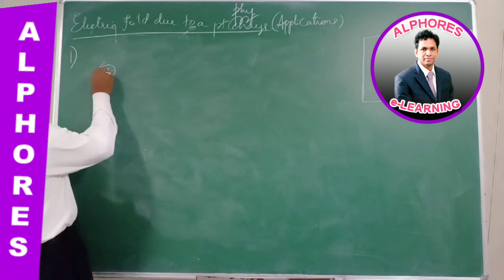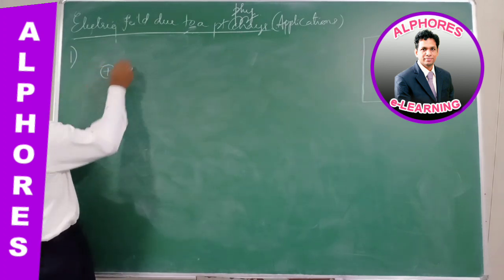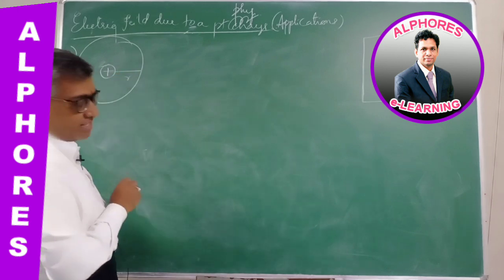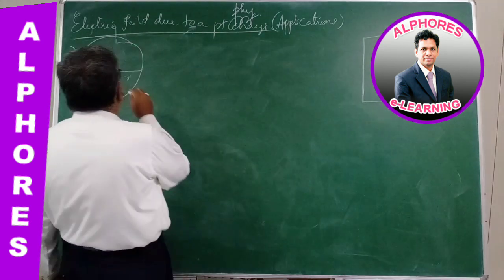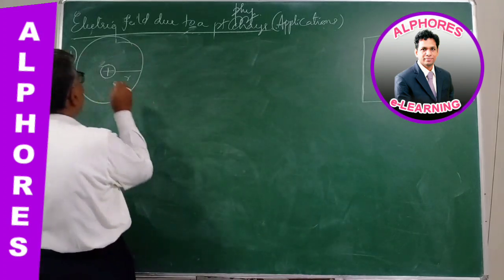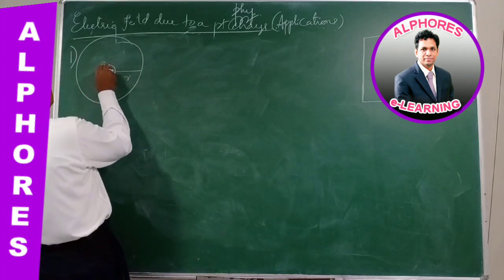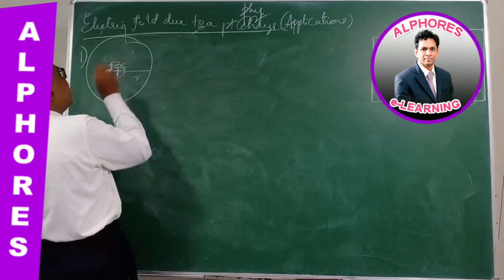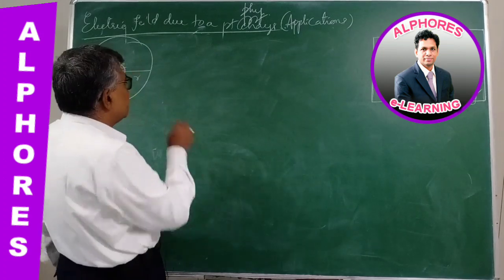So there is a nucleus of an atom whose atomic number is Z, and an orbit of radius r. You know, for a nucleus of atomic number Z, the charge of the nucleus is plus Ze. So Q is plus Ze.